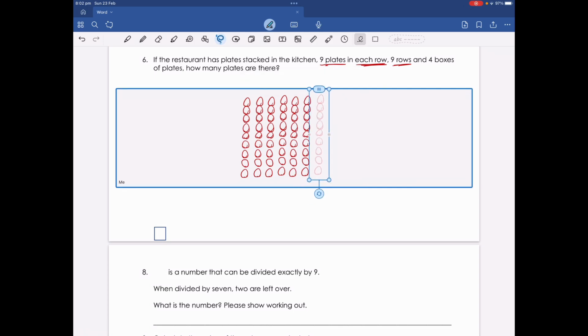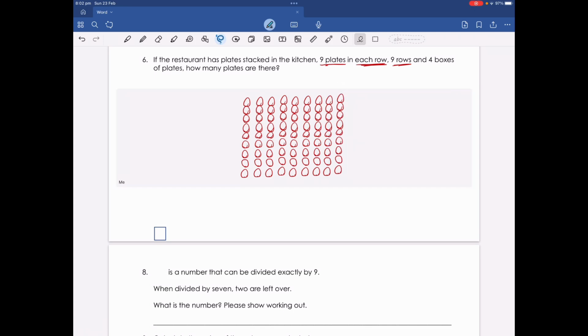How many is that? 1, 2, 3, 4, 5, 6, 7, 8, 9. Excellent. All right, so we've got 9 plates.